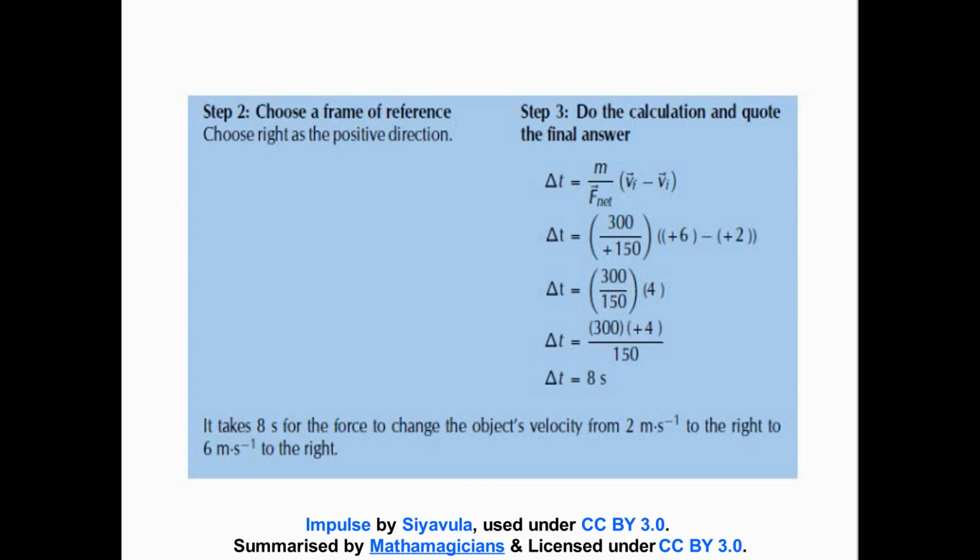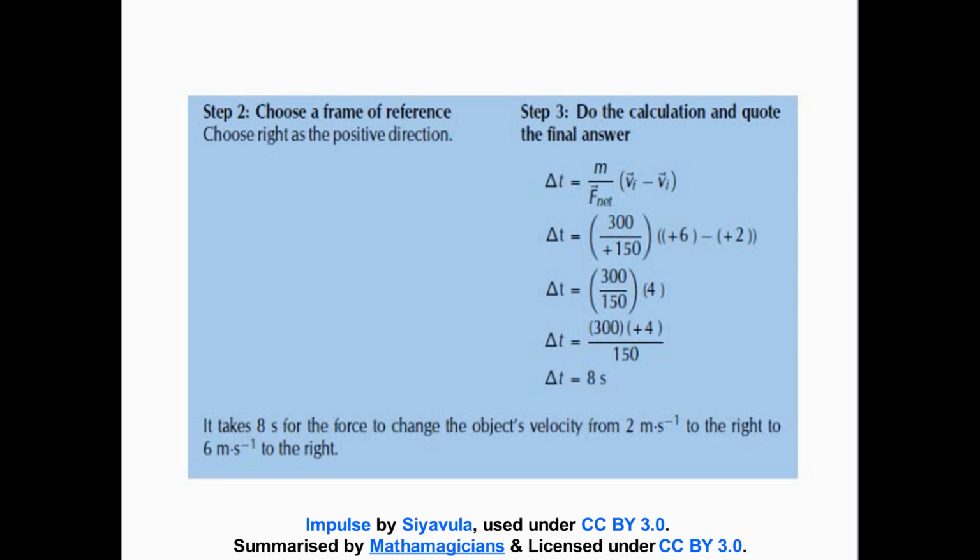In step 2, we choose our frame of reference, and we choose right as the positive direction, as both initial and final velocity are going in the right direction. Then we do the calculation in step 3 and quote the final answer.